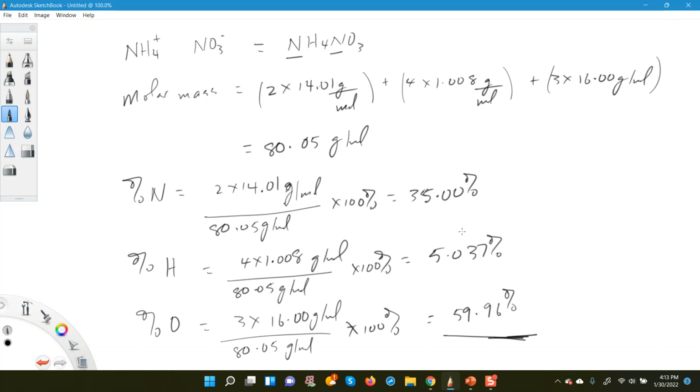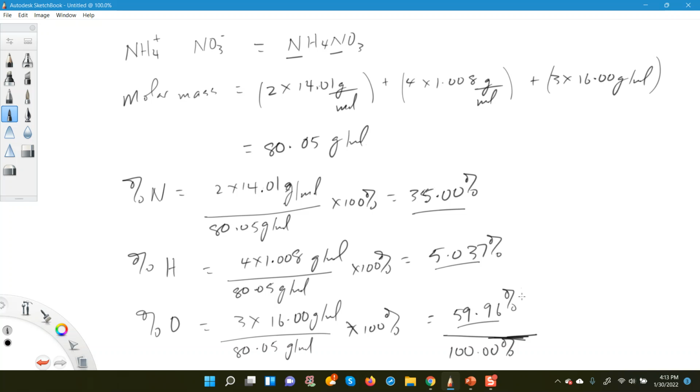Okay, so the answer I got here, when rounded off to 2 decimal places, is 100.00%. So that tells us that at least the answers are valid, if not accurate. But I'm quite sure they're accurate. All right, so that's basically how this is done.